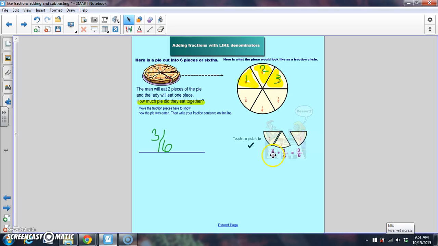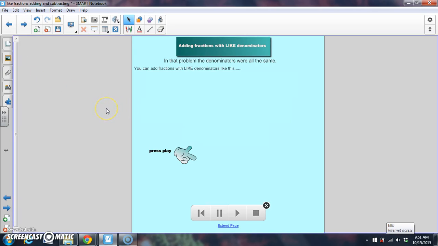We could say that 2/6 plus 1/6 equals 3/6. In the problem that we just saw, the denominators were the same. They were like. We can add fractions that have like denominators just like this.